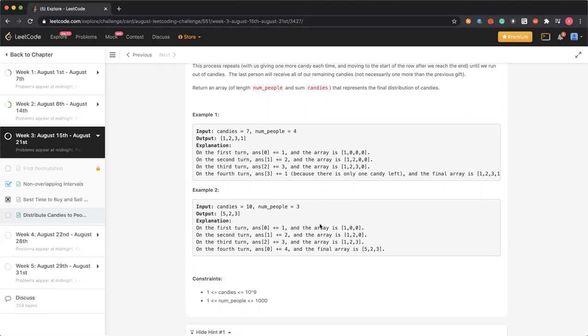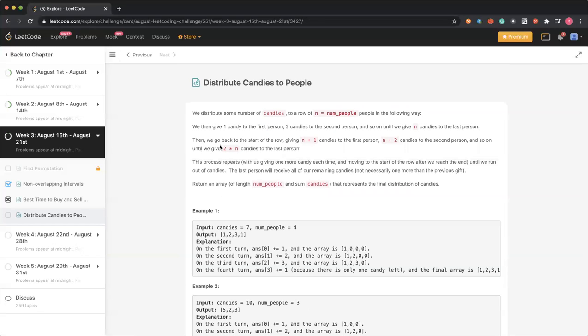This is a good example to showcase how we go in the second iteration. The first person will be given 1, the second person 2, the third person 3. So 1 plus 2 plus 3, that is 6 candies we have given in the first iteration, and now we have 4 left over. As per the second iteration, we'll give the first person n plus 1 candies.